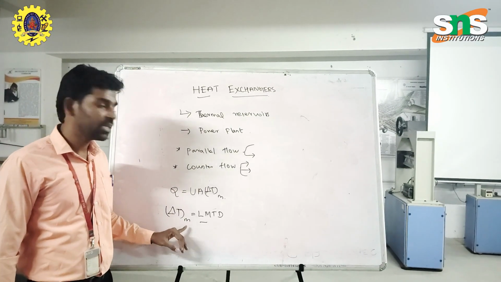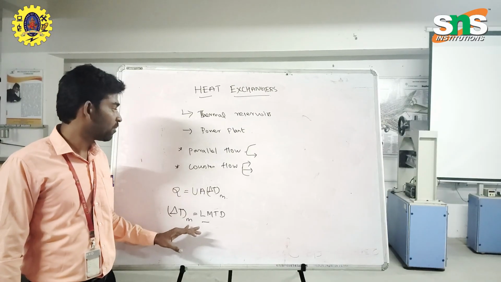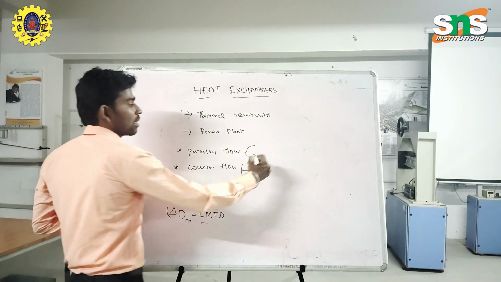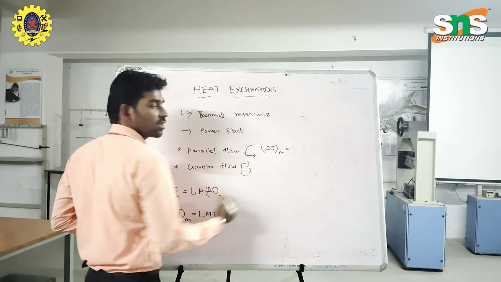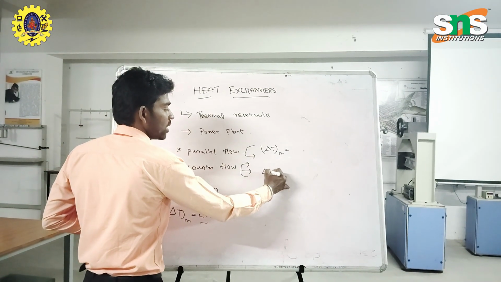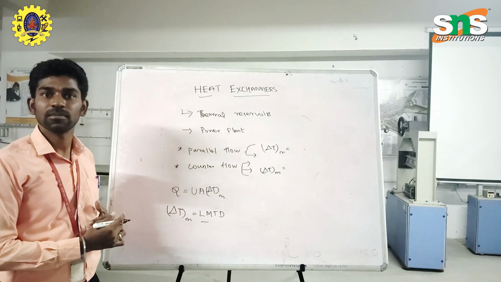ΔTm depends on whether the flow is parallel or counter. For parallel flow there is one type of ΔTm equation, and similarly for counter flow there is another type of ΔTm equation.